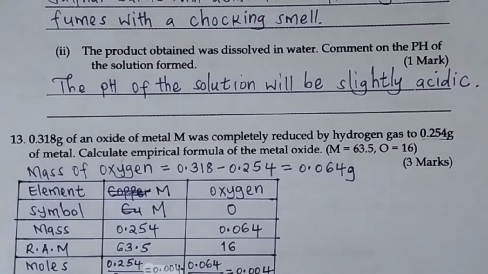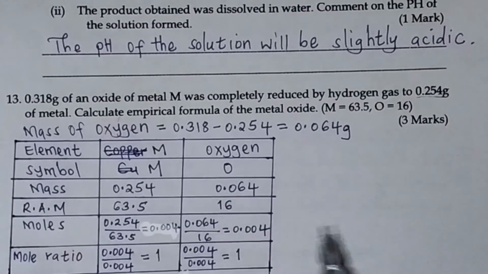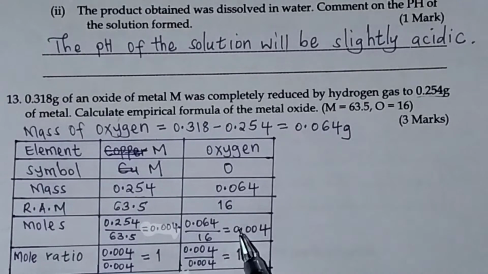Next we have to go to get moles. Moles is given by mass over molar mass. Here we are going to get 0.004 moles, and here we are going to get 0.004 moles. Then next we have to go to get mole ratio. The two are the same moles, so we'll just say 0.004 divided by 0.004. We are going to get 1, and on the other side of oxygen we are going to get 1.